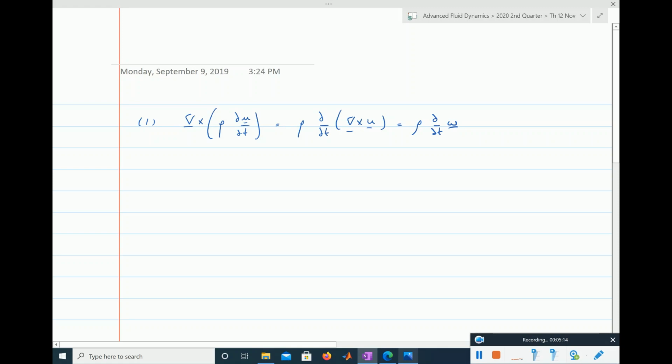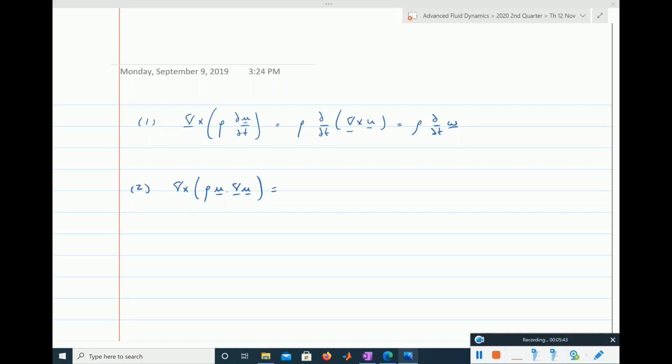Now let's look at the second term, which is the curl of the rho u grad u term. Now this is again tensor analysis, but you have formulas for all of these differentiations.